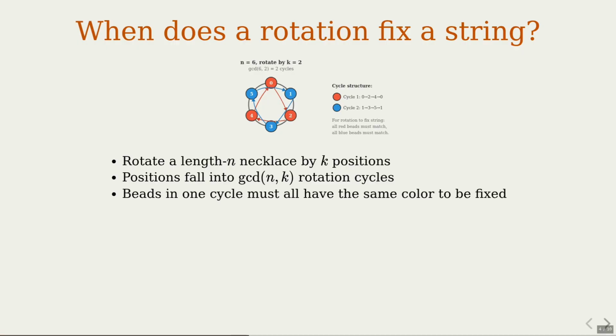For the string to look identical after rotation, every position that moves around a cycle must carry the same color. So only patterns whose true period is compatible with this cycle structure can survive that rotation unchanged. This cycle viewpoint will lead to a clean formula for how many strings each rotation leaves fixed.